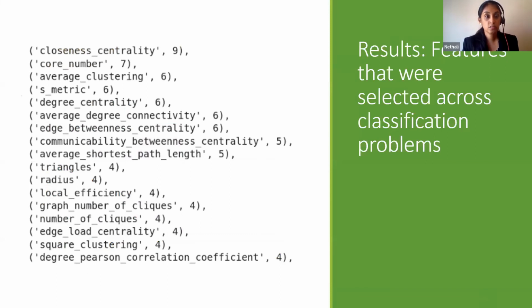And finally, if I take all of the features that were selected in different problems, and every time they got selected I give them a score of 1, these are the most picked up features. Closeness centrality is in the lead, then core number, average clustering, degree centrality, edge betweenness centrality, communicability betweenness centrality. So a lot of centrality measures.